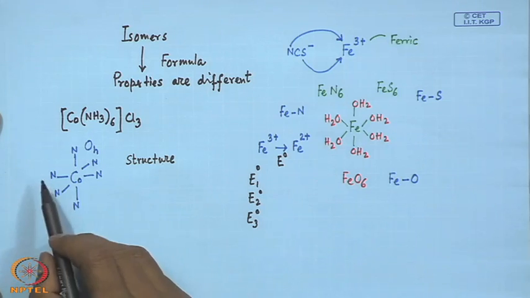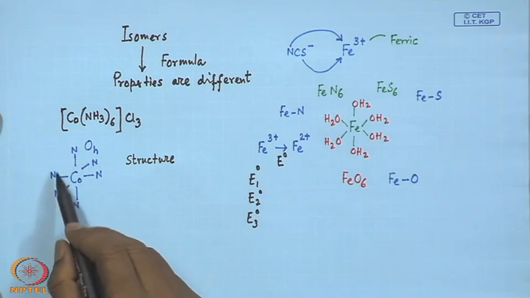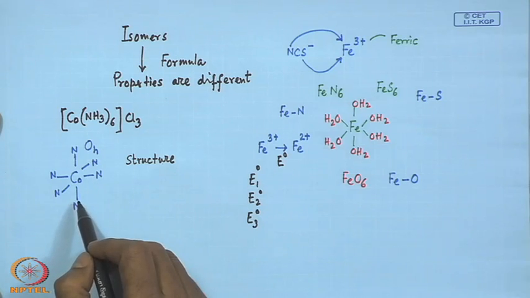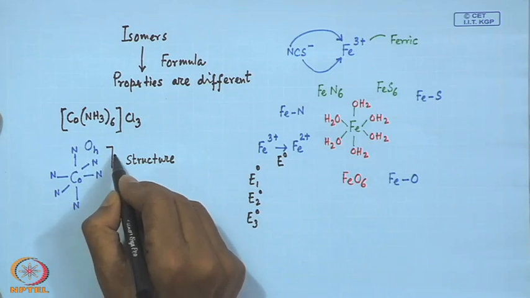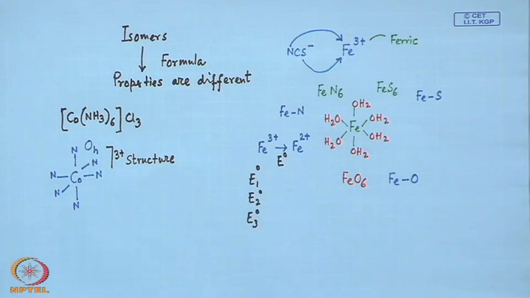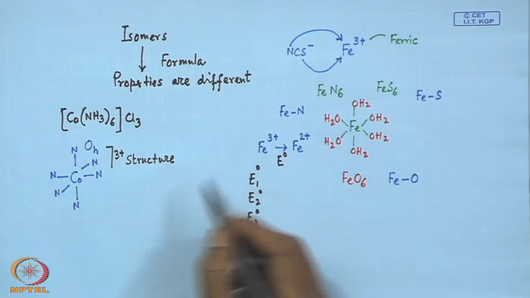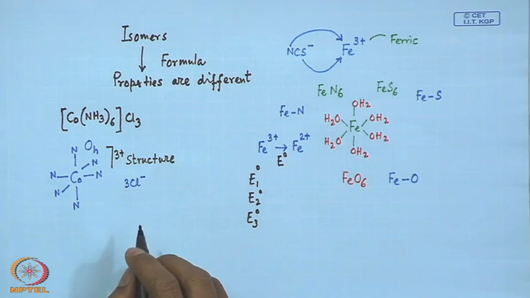because whatever we are talking about the different arrangements of these groups, we can consider how these groups are forming. When we get this compound, it is trivalent related to the charge on the cobalt center, with 3 Cl minus.